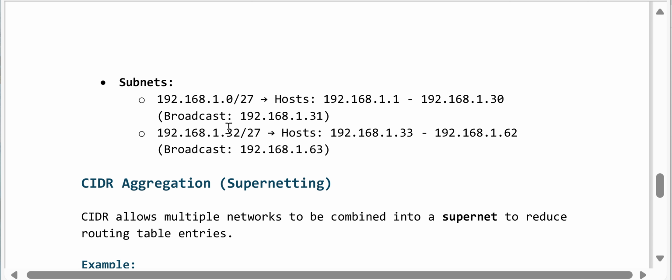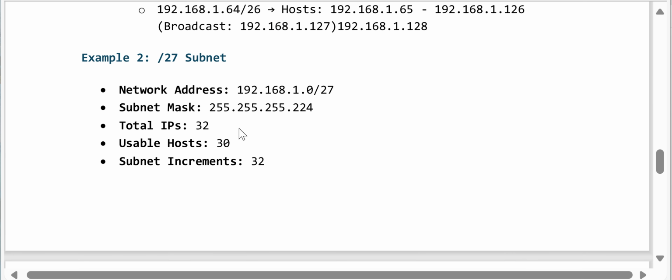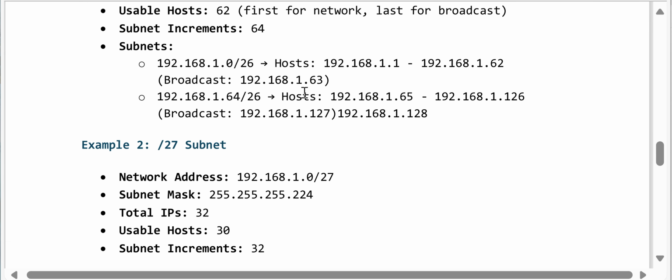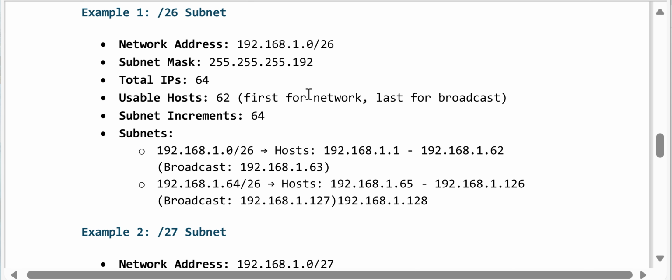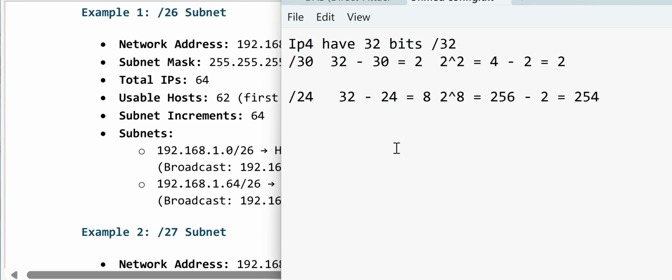Let's do a little something else here. So we'll use this one as an example. Let's see how we can make a few subnets here. So let's say with this one, we're going to use the slash 26.